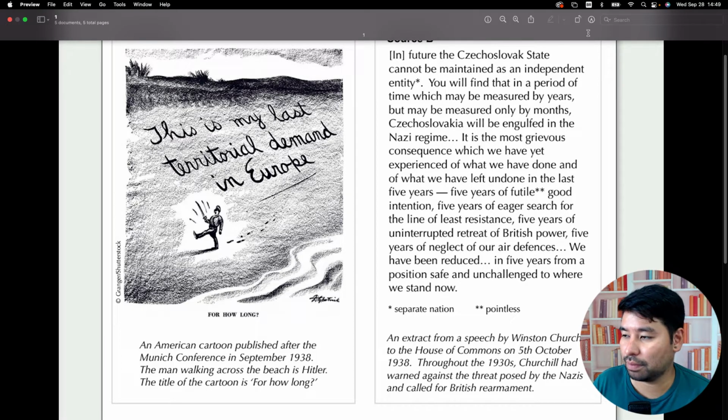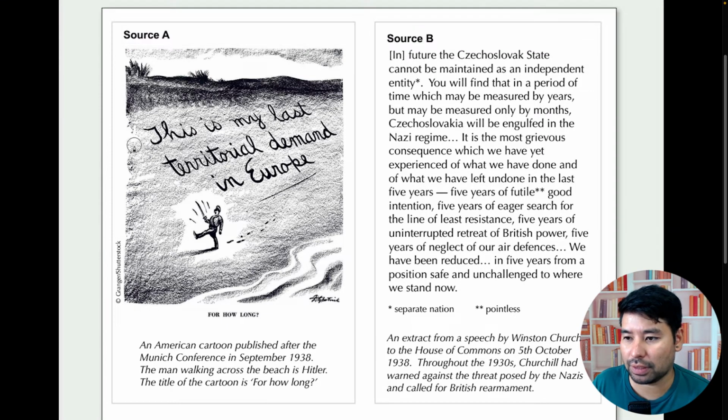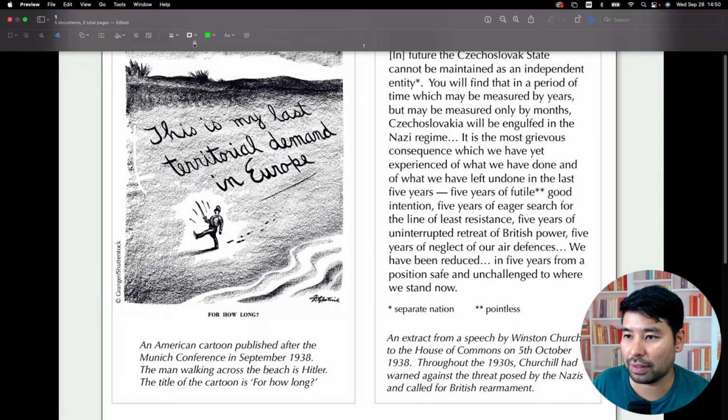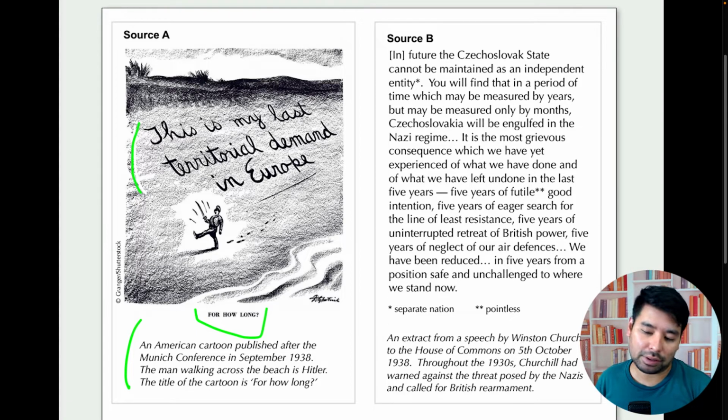Let me make some notes here about what I'm reading. Sorry, let me get a color here. Okay, so the sentence is here and the question is here, and then down below we have this sentence: An American cartoon published after the Munich conference in September 1938.